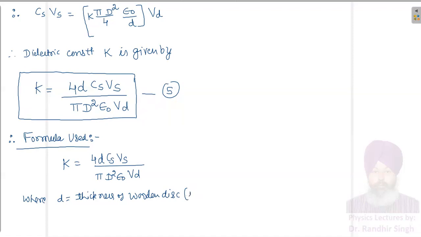That should be in meters. This formula is valid in the SI system only.